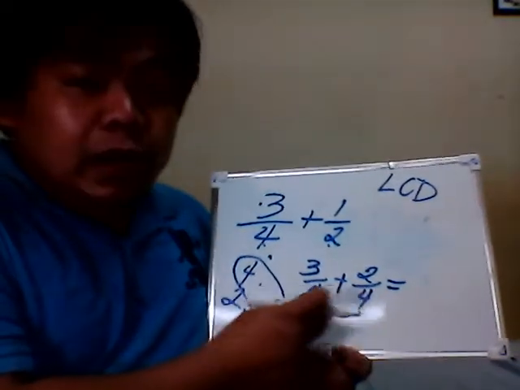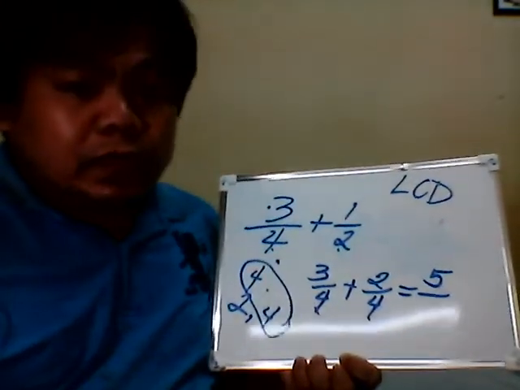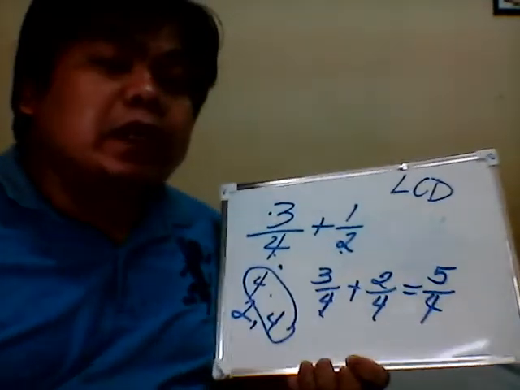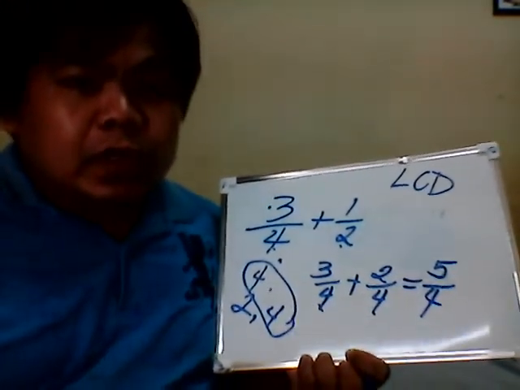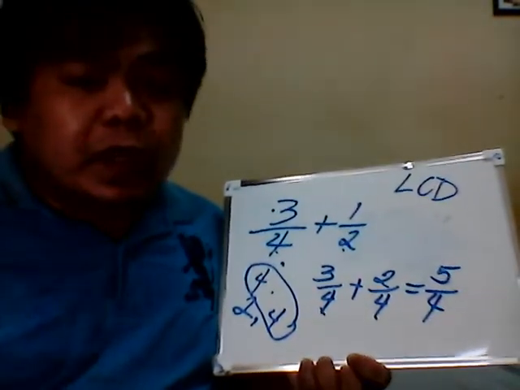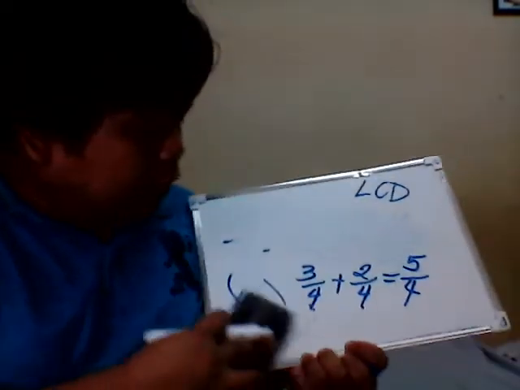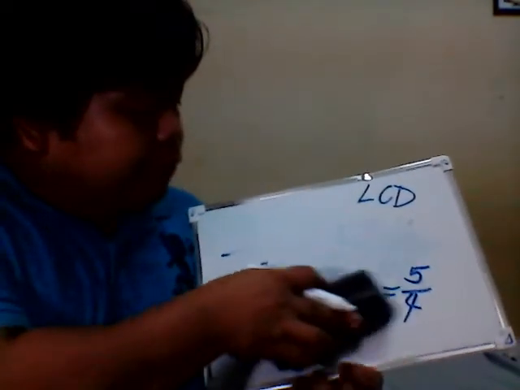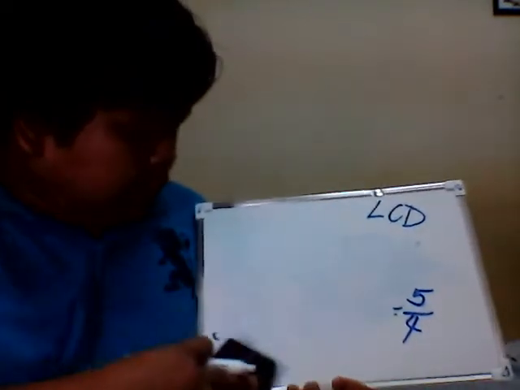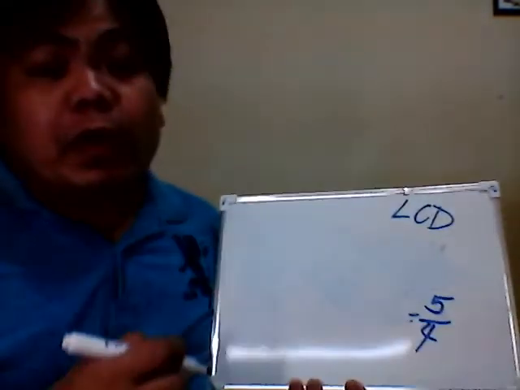The denominators are similar. So, simply add the numerators and copy the denominator. We have a rule in fractions that the fraction should be written in simplest form. So our answer is 5/4. 5/4 is what kind of fraction? 5/4 is what we call an improper fraction.